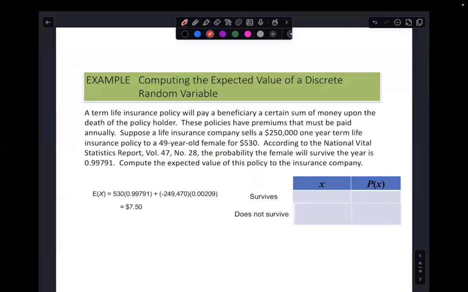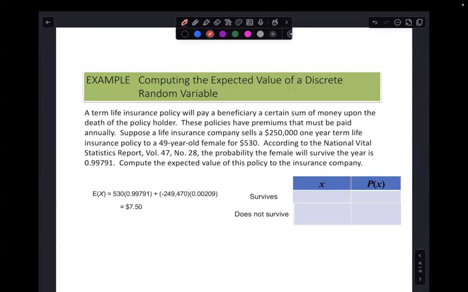All right, so here's an example. Your next hand-in homework will have a question really similar to this. A term life insurance policy pays a beneficiary a certain sum of money upon the death of the policyholder.